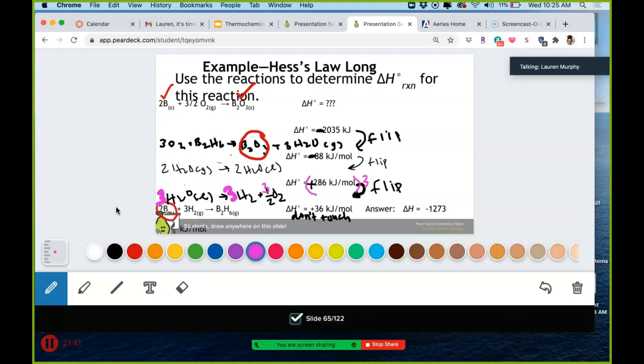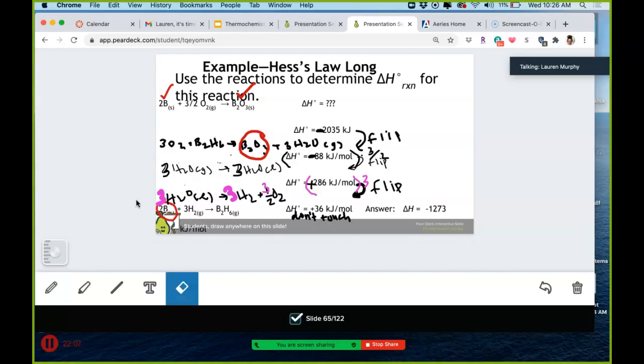If you multiply this equation by 3/2, what's 3/2 times 2? 3. That works, all of your waters canceling out nicely as 3s. Okay, so let's look at everything now.